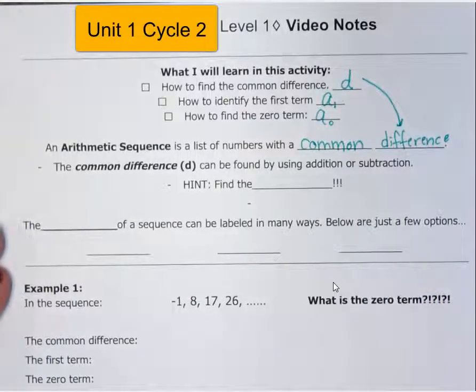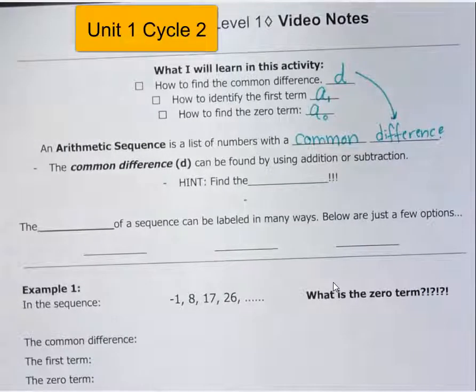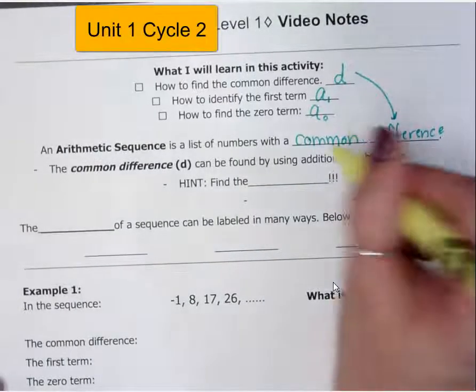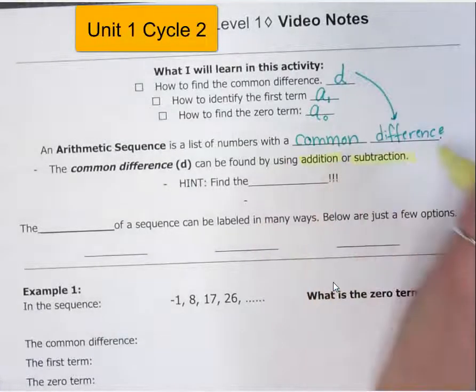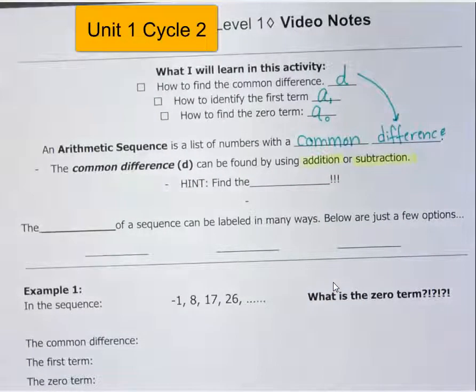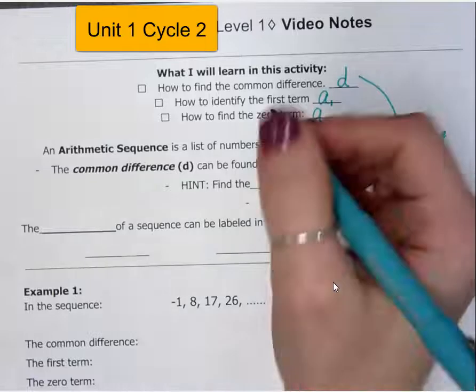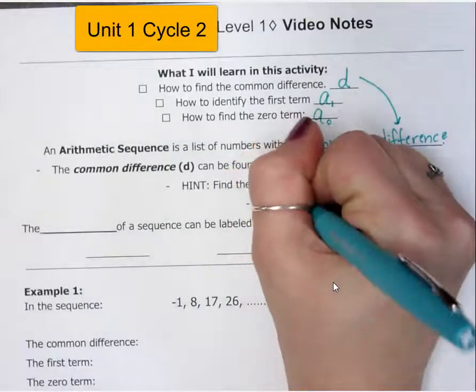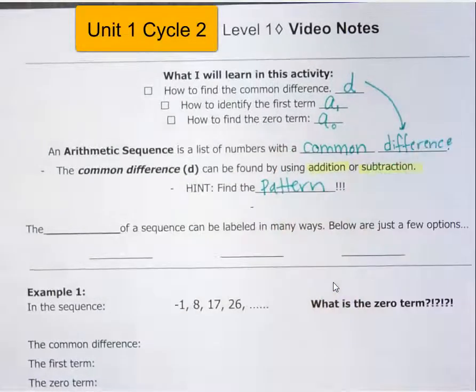The common difference can be found using addition or subtraction. So those are the only options. It cannot be multiplication, it cannot be division, it cannot be exponents, only addition or subtraction. So the hint is to find the pattern. And you guys are actually pretty good at this, so let's use it to our advantage.